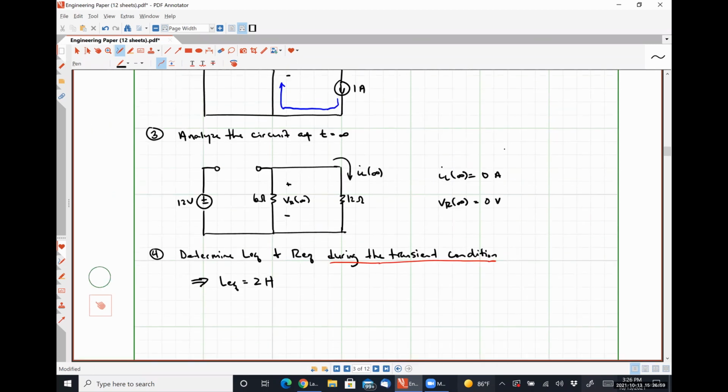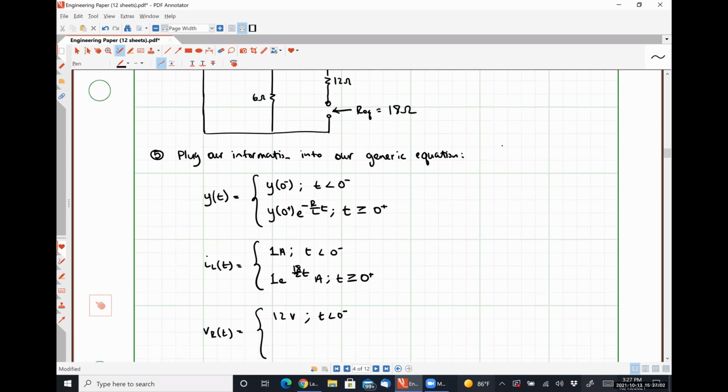Okay, so what I'm trying to impress upon you guys is that we don't actually have to do circuit analysis to figure out how all these things behave. If we know how they behave at these critical points of 0 plus, 0 minus, and infinity, we can literally just plug that into our generic expression and we will be 100% correct about what these voltages and currents are, okay?